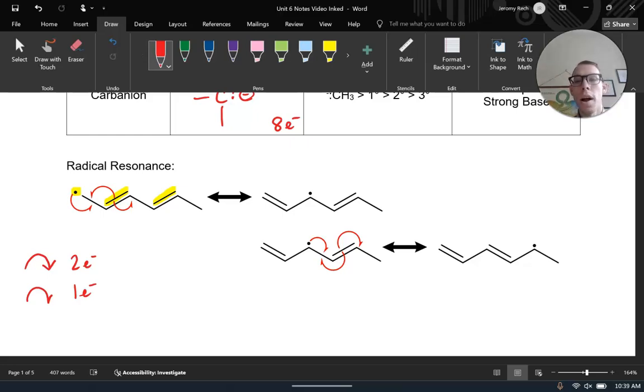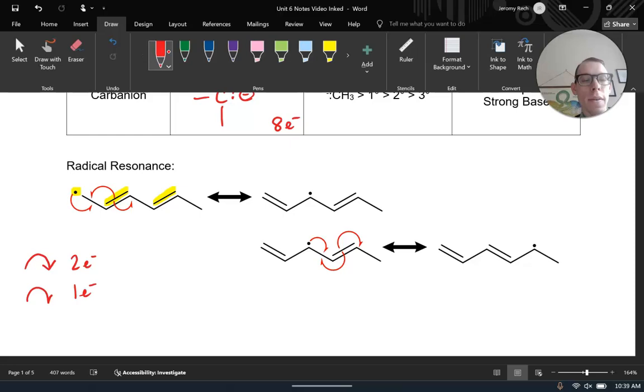Normally with our carbocation, you just have that double bond fill that positive charge. Here, you're going to have the radical do a single barbed arrow to go into the bond which it is adjacent to, and then the double bond is going to have 2 single barbed arrows going in opposite directions. One of them is going to go to the bond between it and the radical, and that's going to be making a double bond.